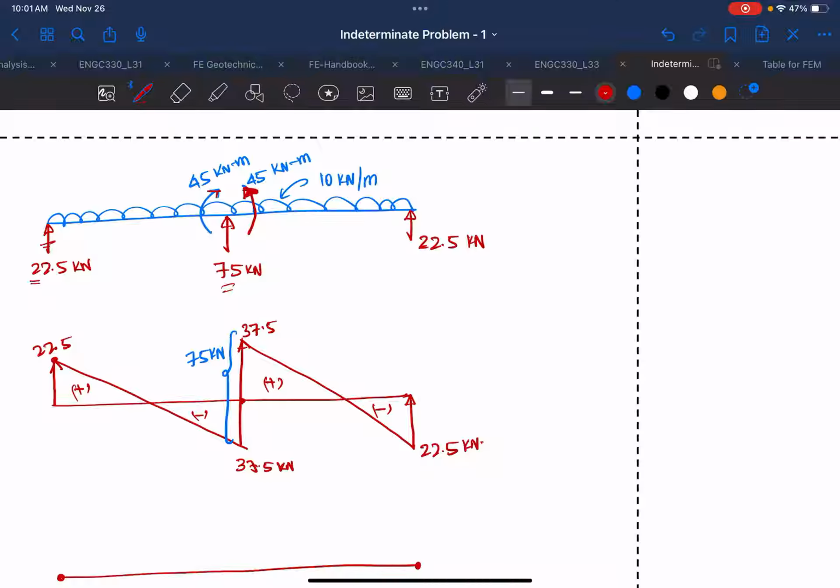Then you'll see that this moment creates a hogging, and for beam BC this moment again creates a hogging. So both will be hogging.